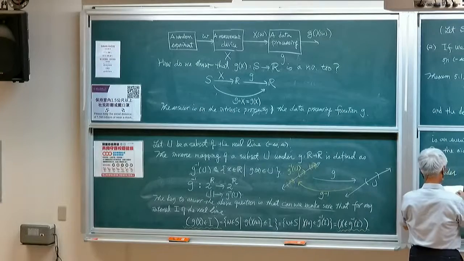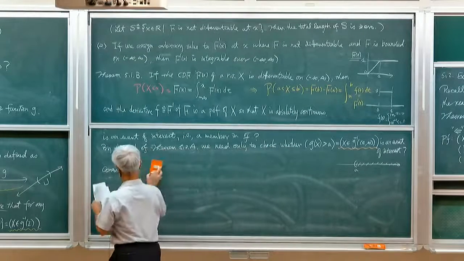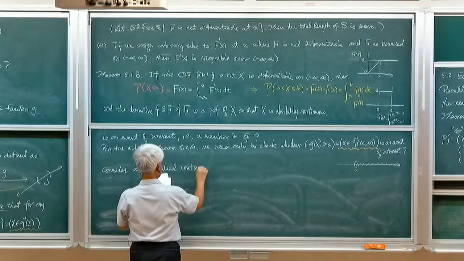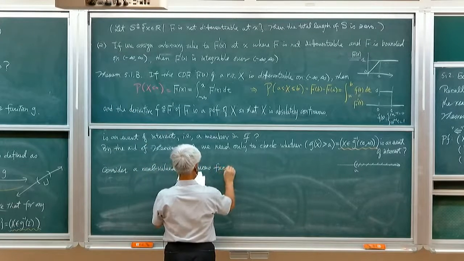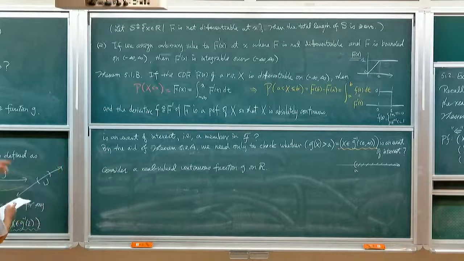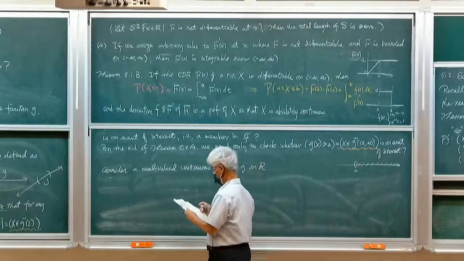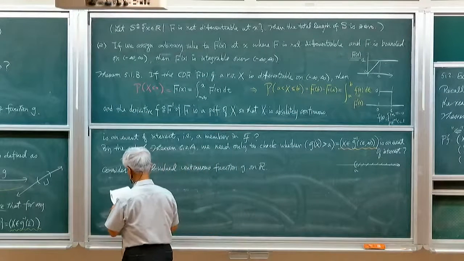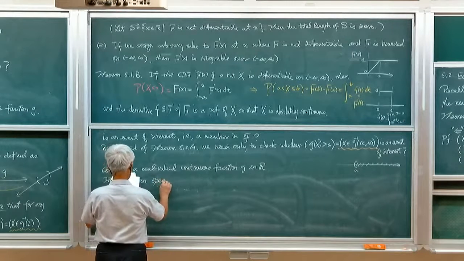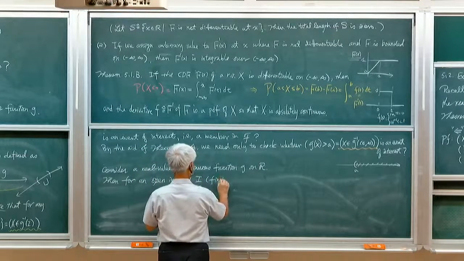So consider, now we consider a real valued continuous function g on R. So if the data processing function g is continuous, which is quite often to occur in practical situations, then for an open interval I, finite or infinite.